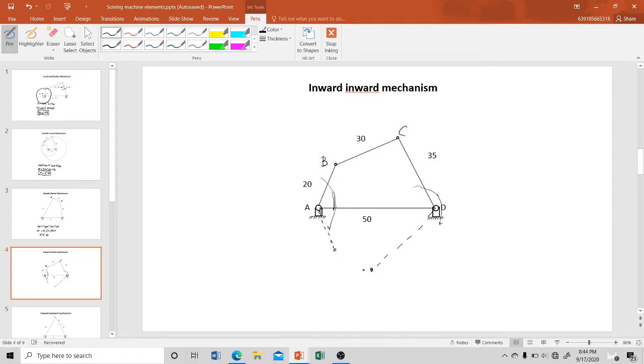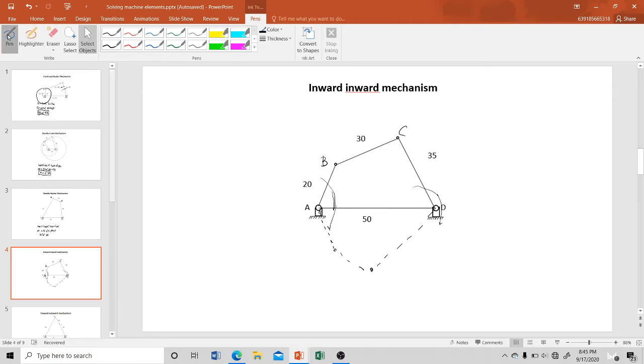Yan. So na ay mirror configurations. So this one, this link input is the shortest and this remaining link oscillate more than 180 degrees and crossed by link AD.